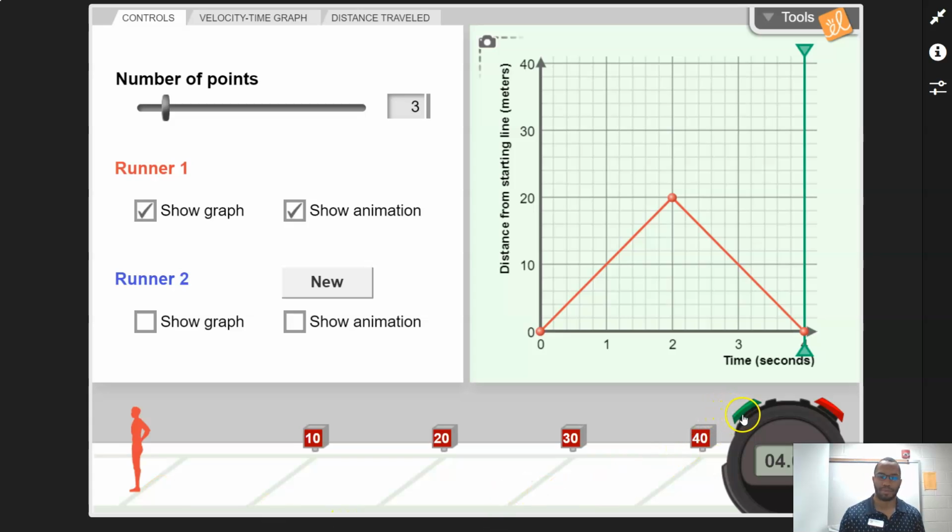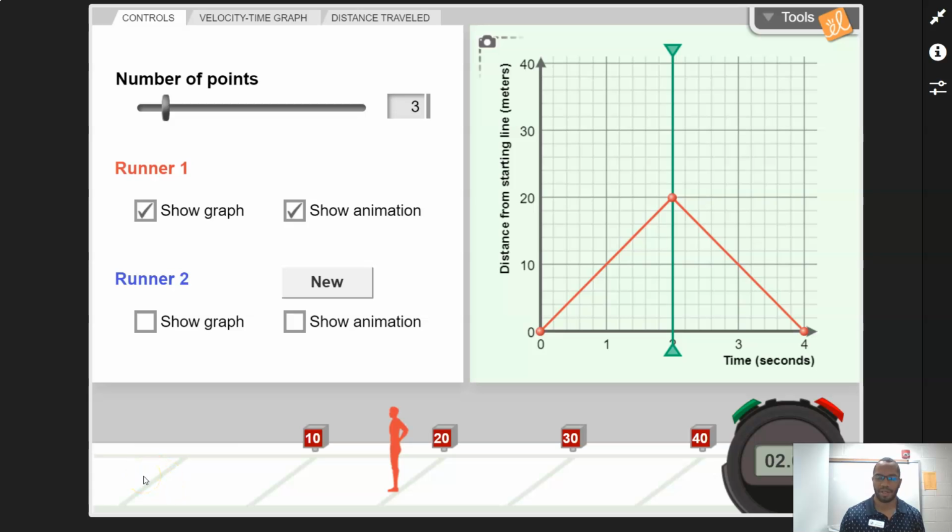Let's do another example. Let's go all the way over here. Okay, so at 2 seconds, how far did this runner travel? 20 meters, right?